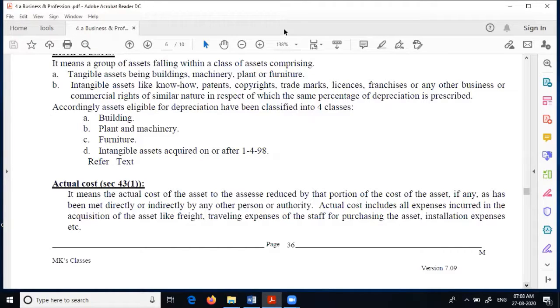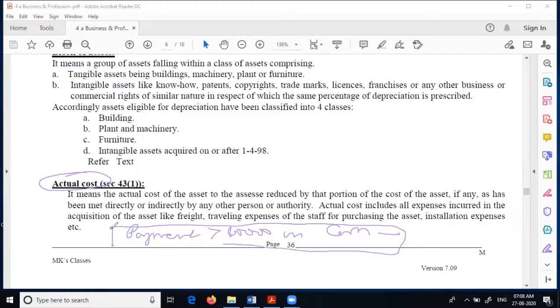Only one thing that you need to remember is that if any payment greater than 10,000 has been made in cash, that will not be considered for the purchase of actual cost. That is one dangerous thing. From an audit point of view also, we often miss it, and it's very difficult to tell the clients.